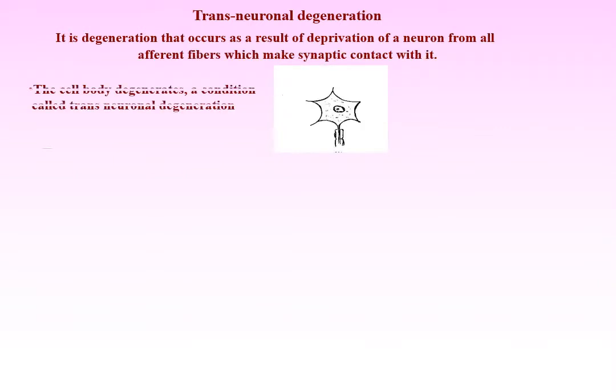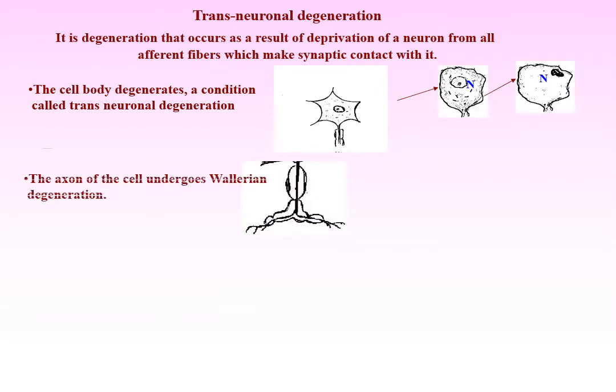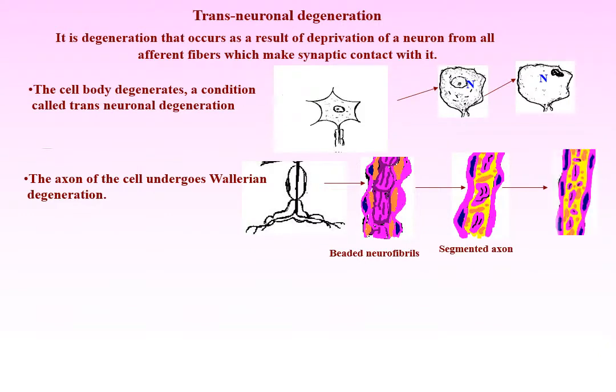It is the degeneration which occurs as a result of deprivation of a neuron from all afferent fibers which make synaptic contact with it. The cell body degenerates, a condition called transneuronal degeneration. The axon of the cell also undergoes Wallerian degeneration.